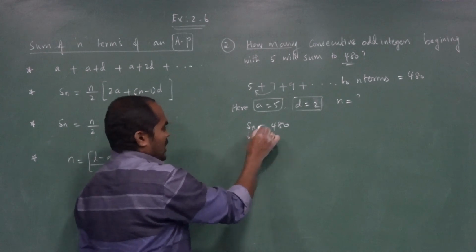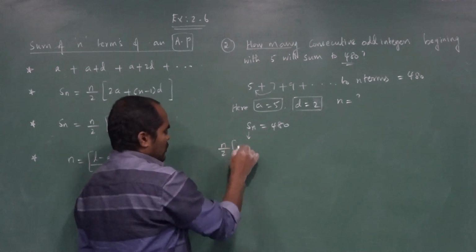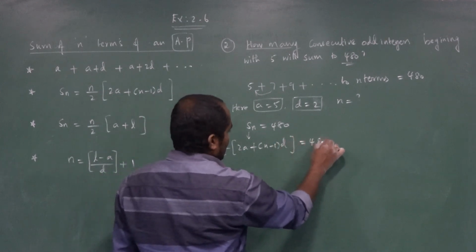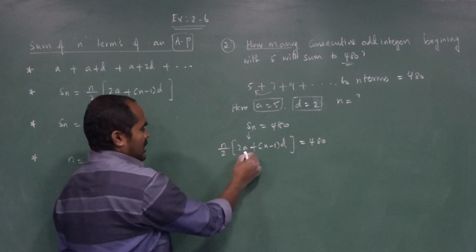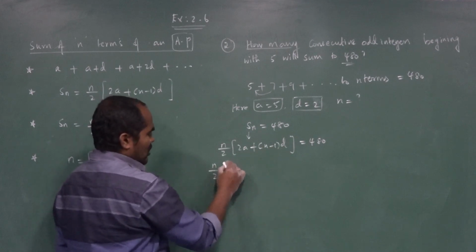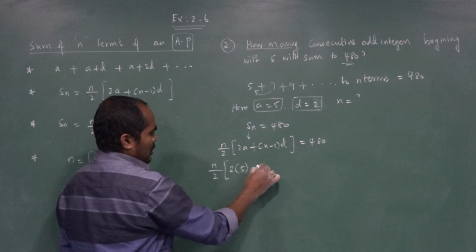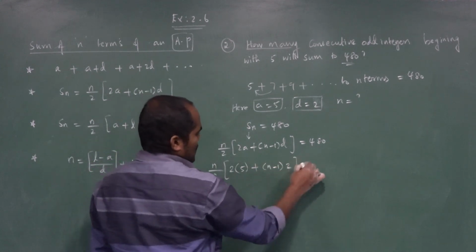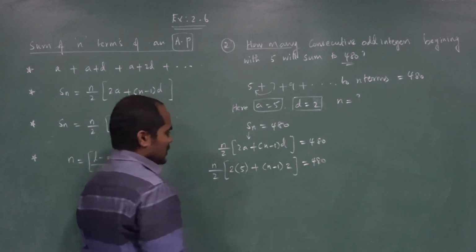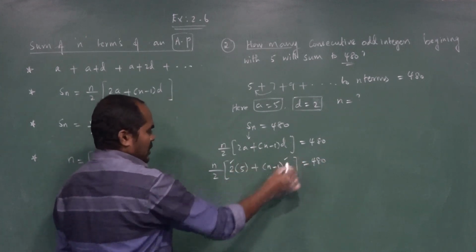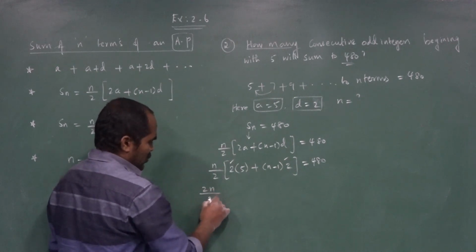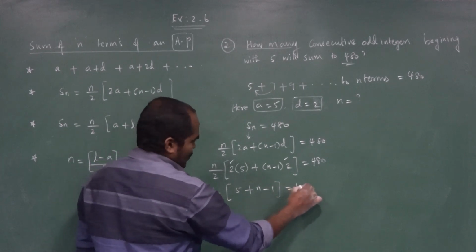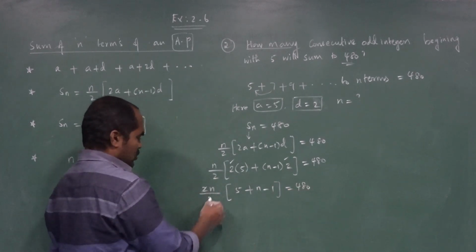We know the Sn formula: n by 2 of 2A plus n minus 1 into D is equal to 480. So substitute A and D values here: n by 2 of 2 into 5 plus n minus 1 into 2 is equal to 480. Here 2 and 2 are common, so take 2 outside: 2n by 2 of 5 plus n minus 1, and 2 and 2 cancel.